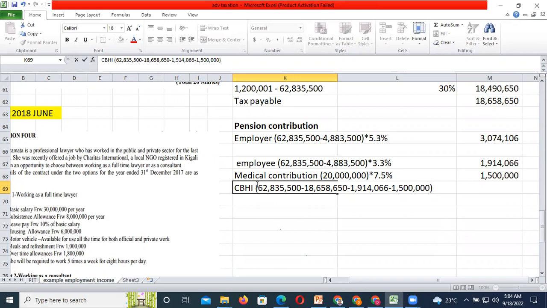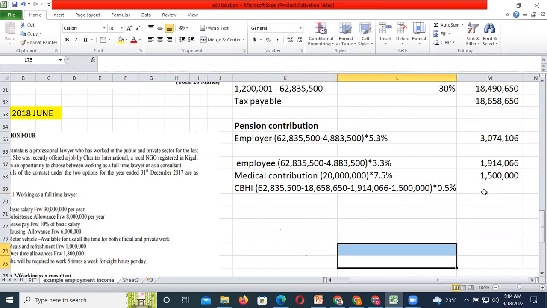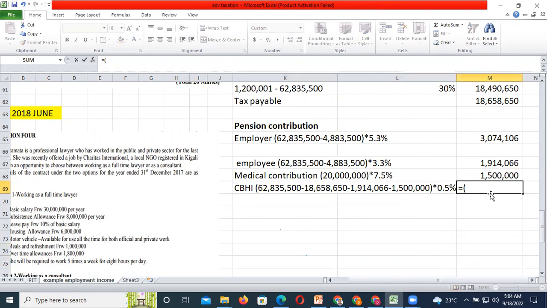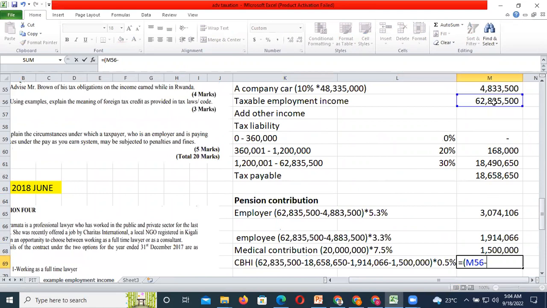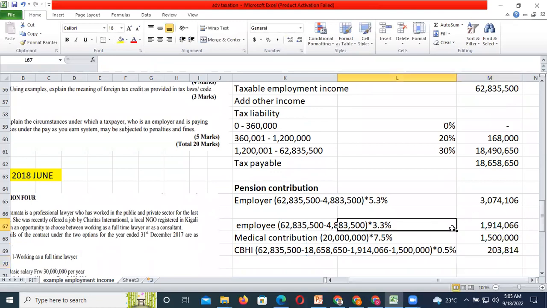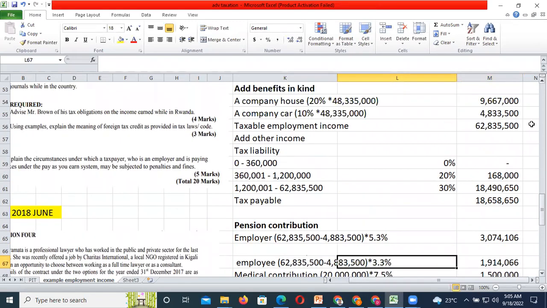Computing this is to be able to get the net salary times 0.5%. So I have this minus this minus this minus this times 0.5%. So those are the contribution to the medical that you may need to compute as per the question.